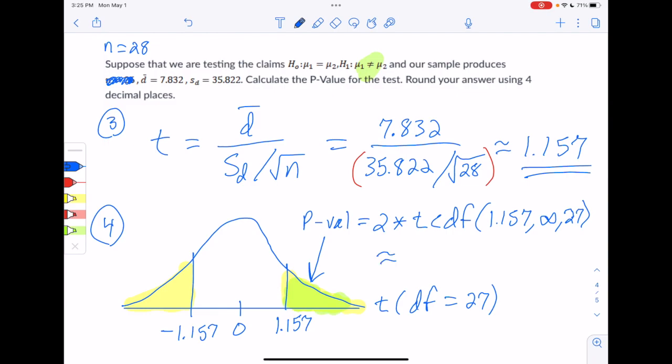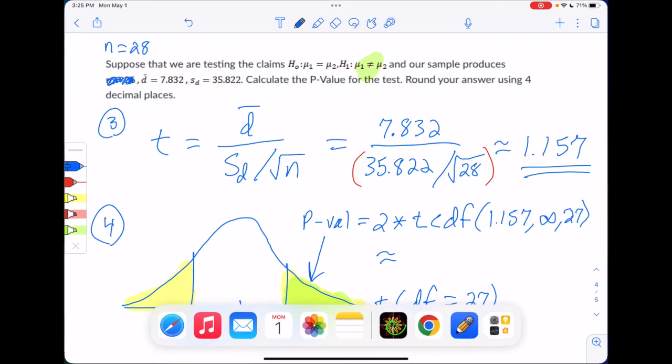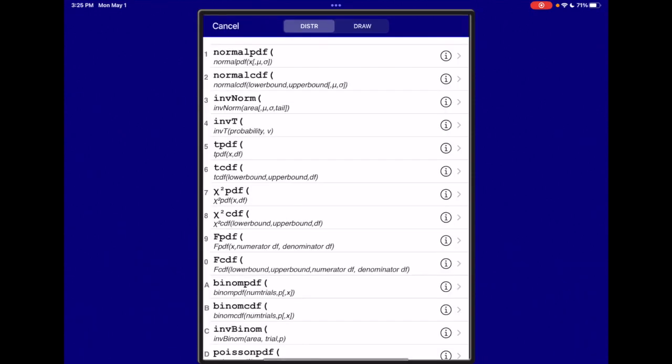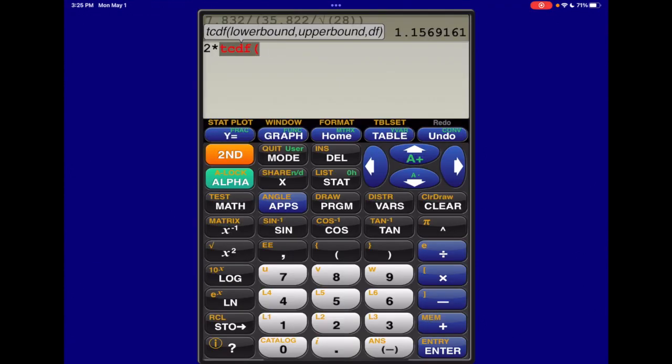Let me show you that one actually. So when we go to the calculator, make sure you do the 2 times first to get the doubling in there, and then do your distribution menu. So second distribution, TCDF down here in row 6 for me. And then I want my left boundary, which was the 1.157.